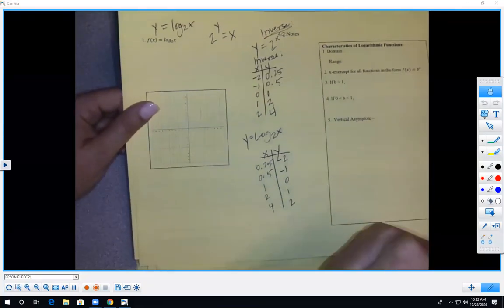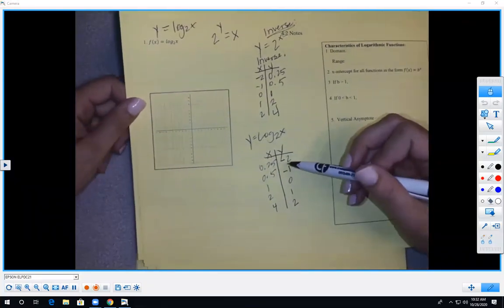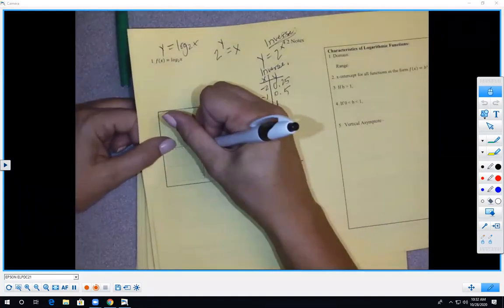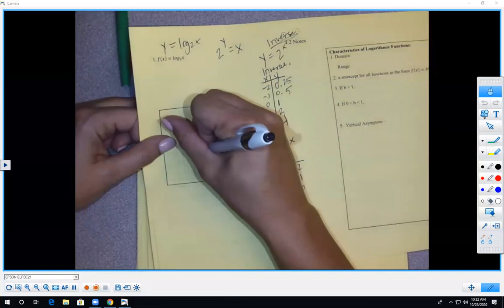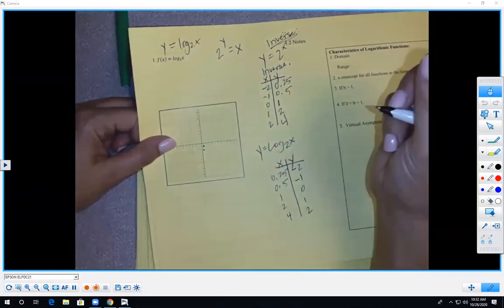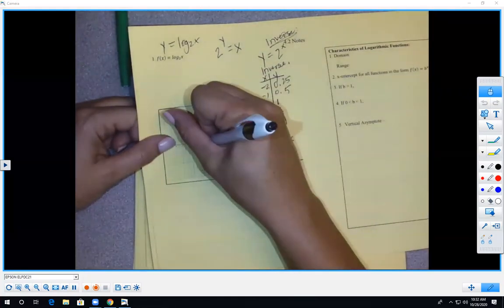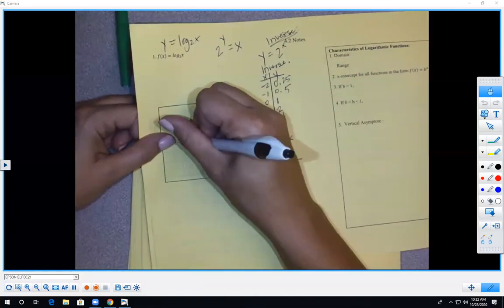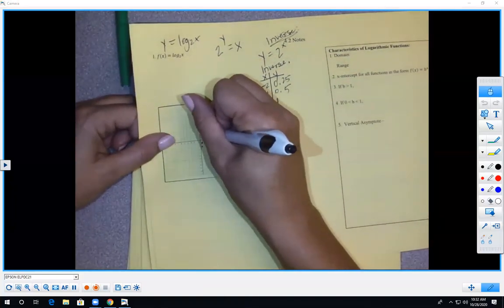It's this piece over here that we wouldn't really get. The other part of the graph you wouldn't really see, because it's kind of difficult to come up with those in your head. When I go to graph this, I'm going over 0.25 down 2, over 0.5 down 1, over 1 up 0, over 2 up 1, over 4 up 2.